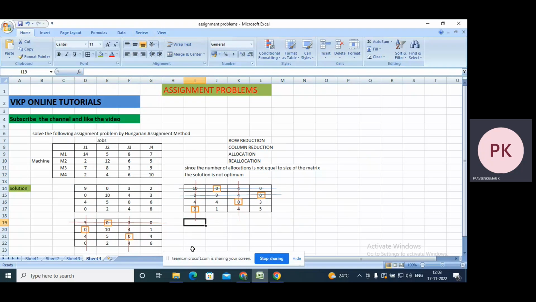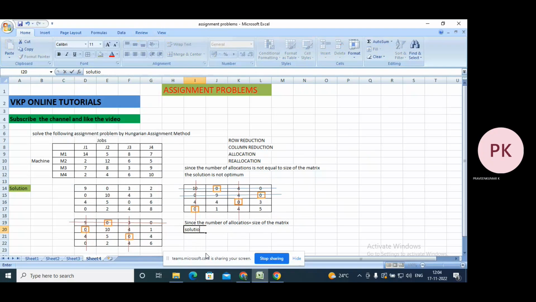You can write the comment: since the number of allocations is equal to the size of the matrix, therefore the solution is optimum.